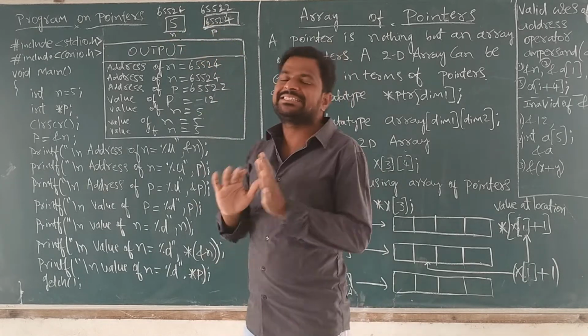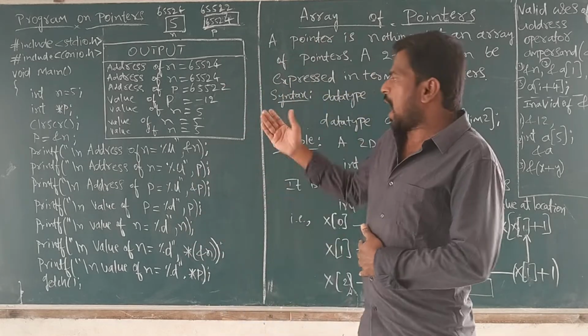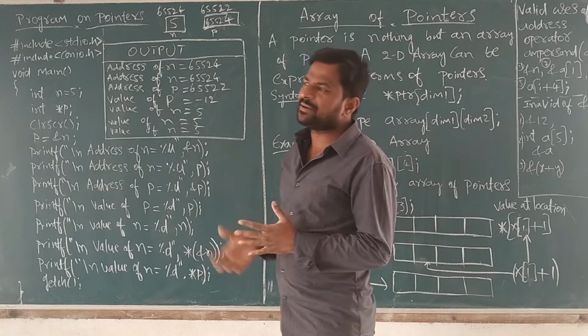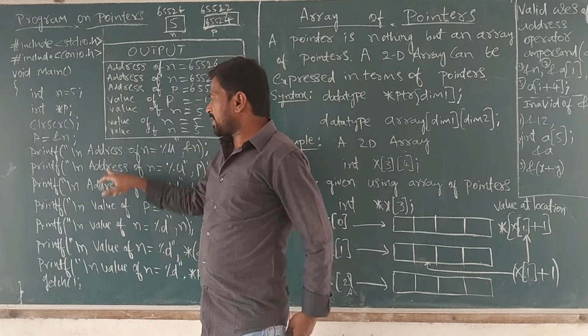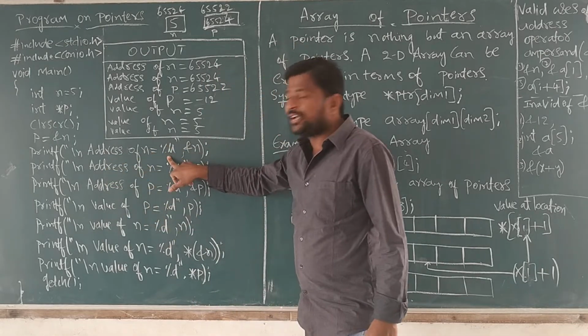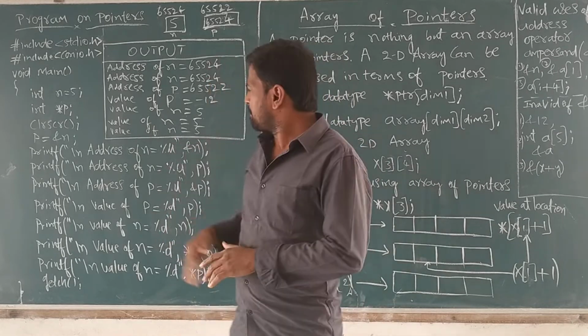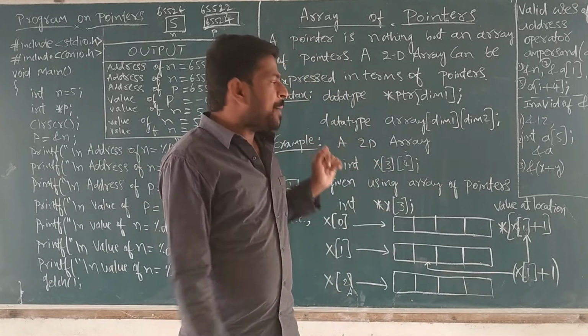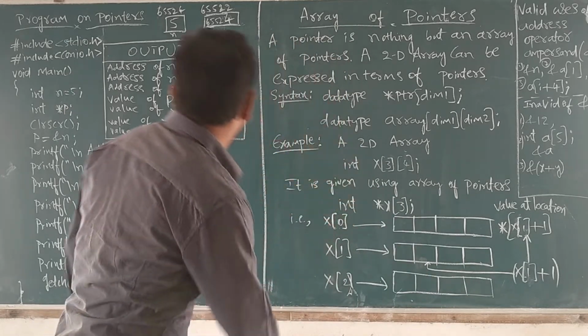After that, we are printing the values of the pointer. By giving this statement, which value will we get? In the printf statement we are giving address of n. When you are printing any address, you need to give percent u. Percent u is a format specifier given for the address of a variable.